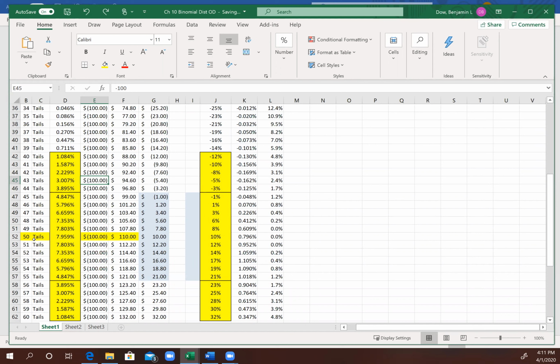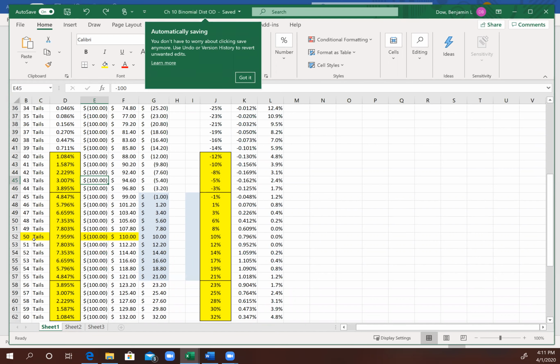That is, we want to figure out how many heads and by default how many tails we would have. And most people would say the most likely outcome is that you'll have 50 tails. But they don't really mean that that's what's going to happen. It's just the one that has the highest probability of occurrence.